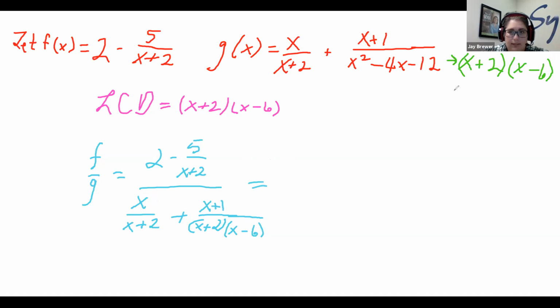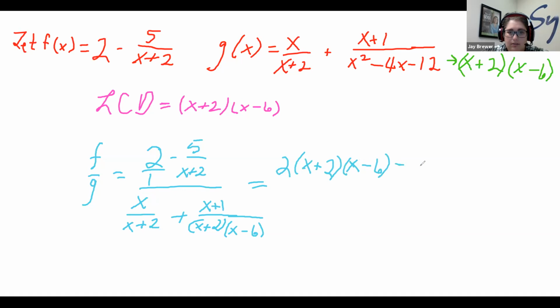What I want to do is see what we need for each piece. So does 2 have anything from our LCD? No. So that means we're going to have to multiply it out. So we would have to have the whole thing, x plus 2, x minus 6. Okay.